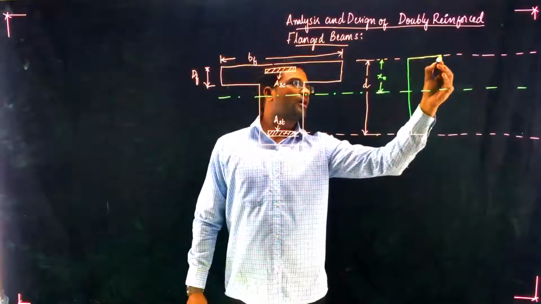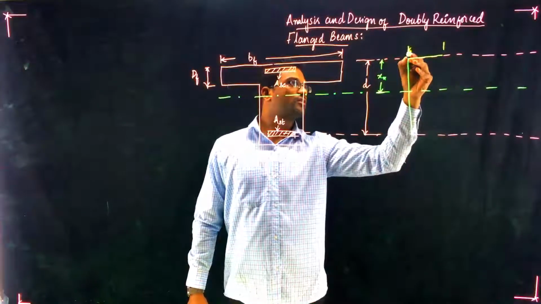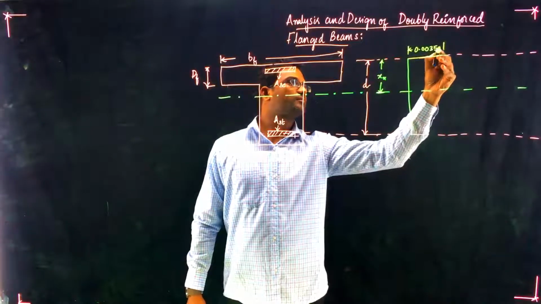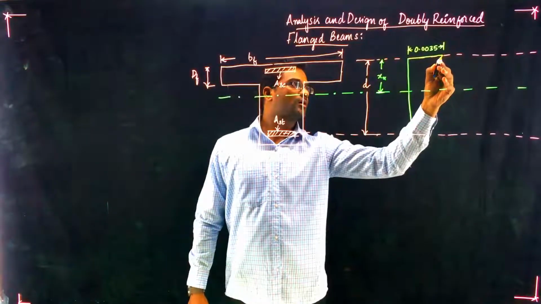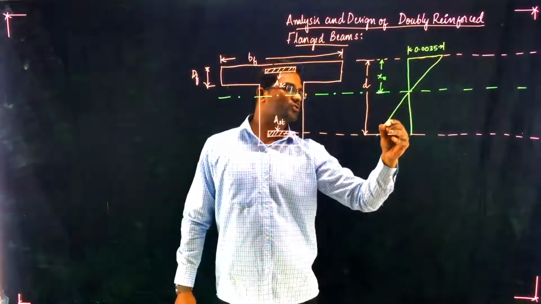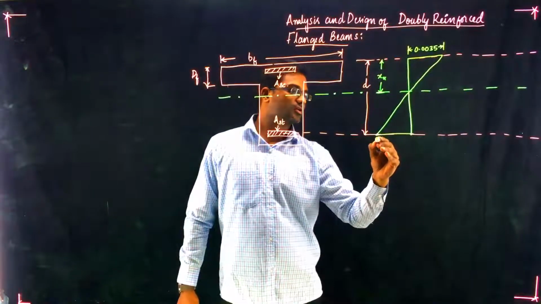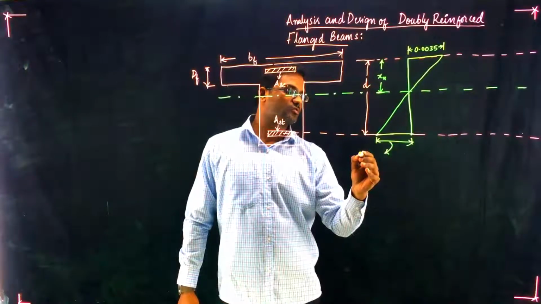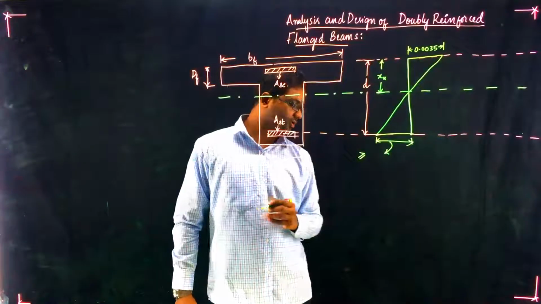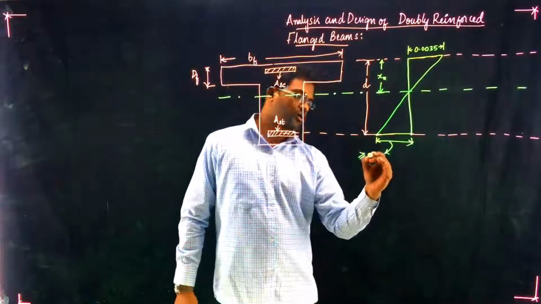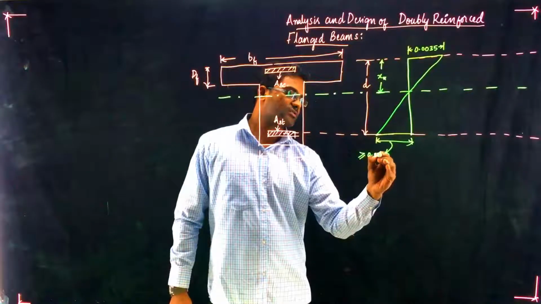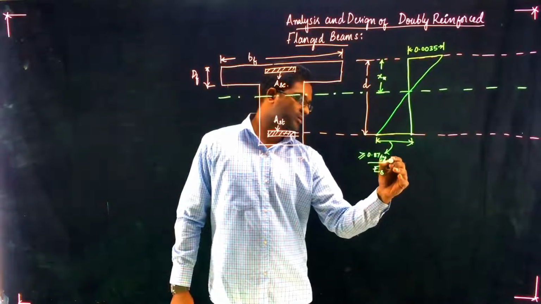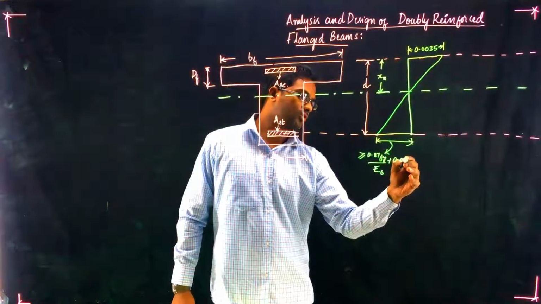Now we have here a strain of 0.0035 going down to 0, then we have here a strain which should not be more than or equal to 0.87 fy by Es plus 0.002.